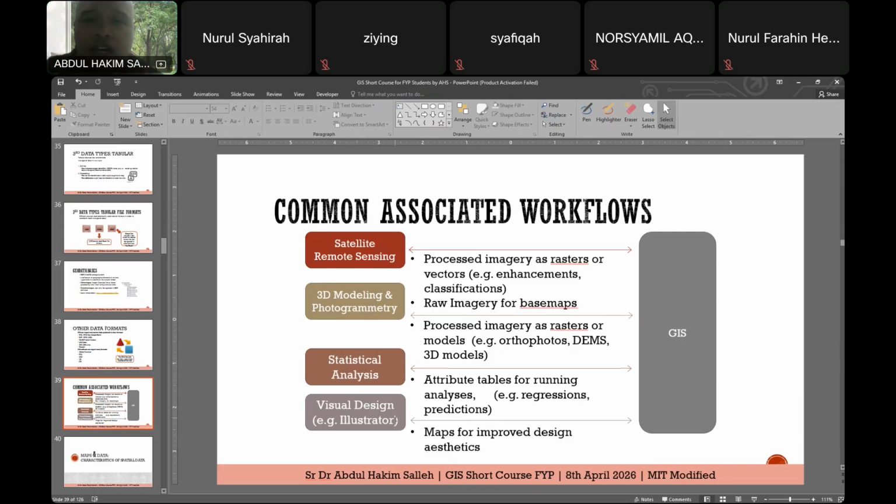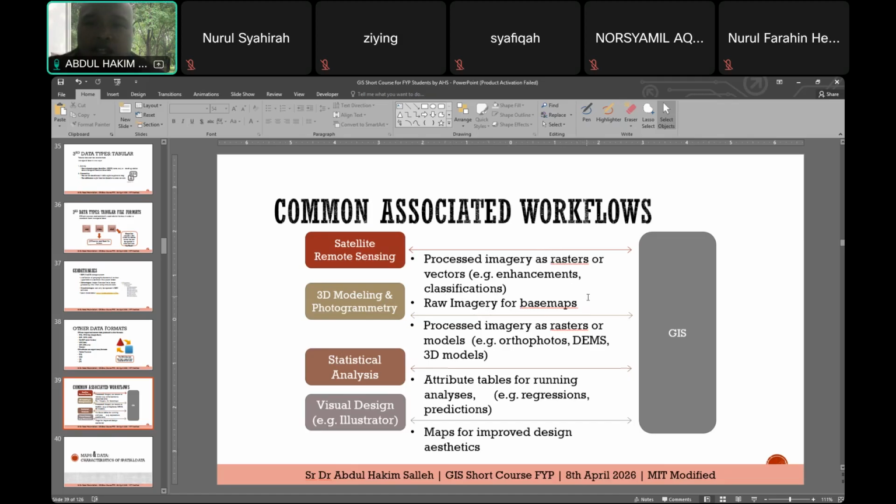These are commonly associated with GIS, where the 3D modeling and photogrammetry or the satellite remote sensing can usually be processed as rasters or vectors. And the raw imagery, let's say of the area of Nibong Tebal, the area of USM, can be in the form of base maps.